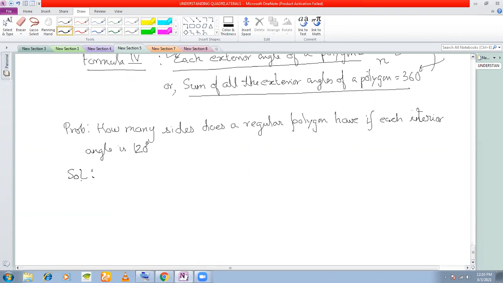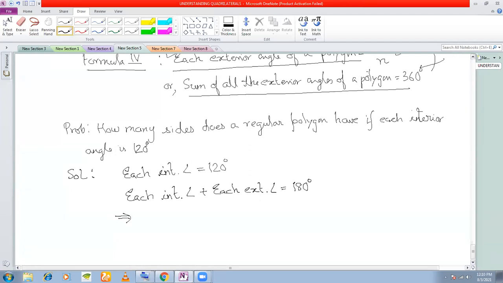But what I do know is that each interior angle is equal to 120 degrees. So let's write it down. Each interior angle is equal to 120 degrees. Now from formula number 3, what do we know? We know that the sum of interior and exterior angle is equal to 180 degrees. So each interior angle plus each exterior angle is equal to 180 degrees.